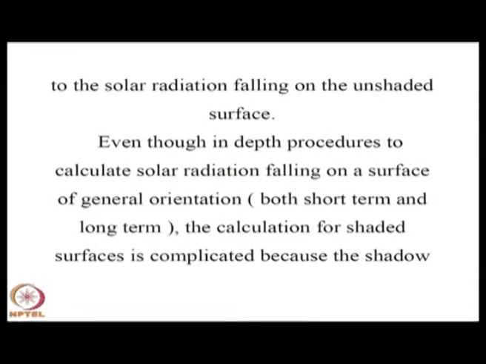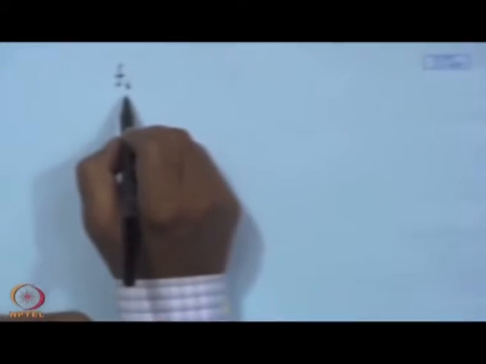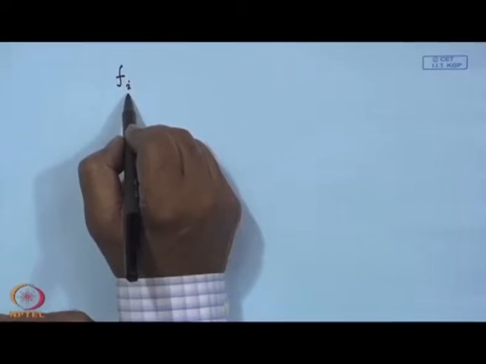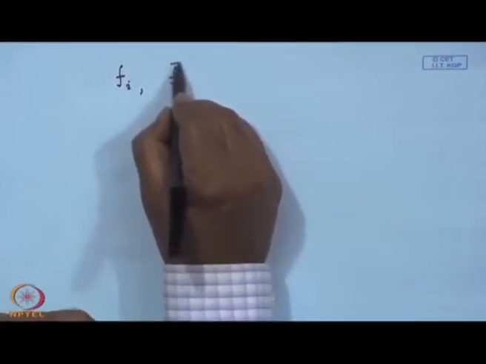Consequently, the radiation that is likely to enter through transmittance of the glass cover will be impaired by the factor which we call the shading factor, since the entire window is not exposed to the sun's radiation. Now, to distinguish it from our solar load fraction, this is actually I, which stands for illuminated area. It can be short term like an hour, or long term over a period of 1 month or a day.